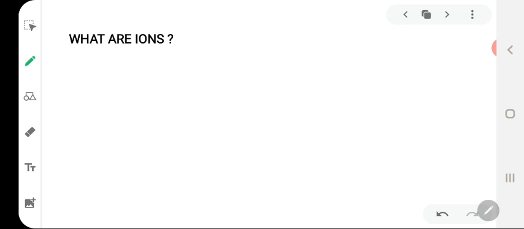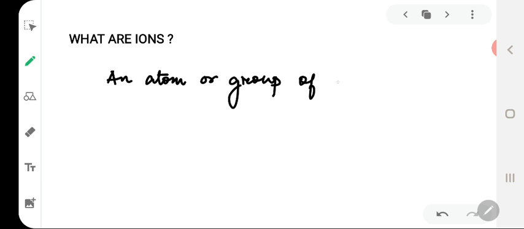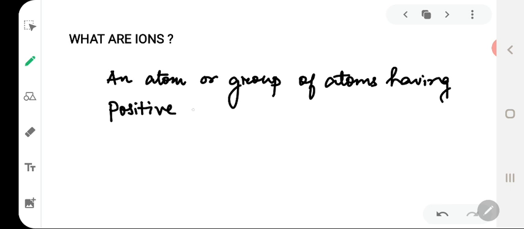So how to define ions? An ion can be defined as an atom or group of atoms having positive or negative charge.